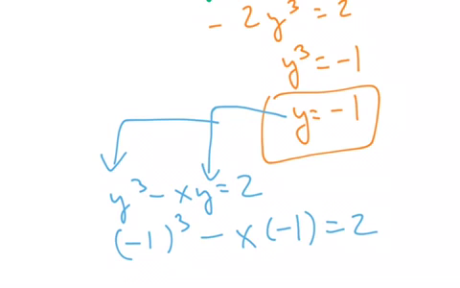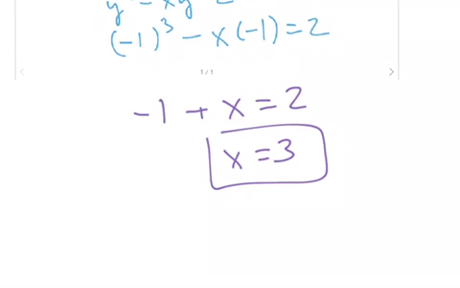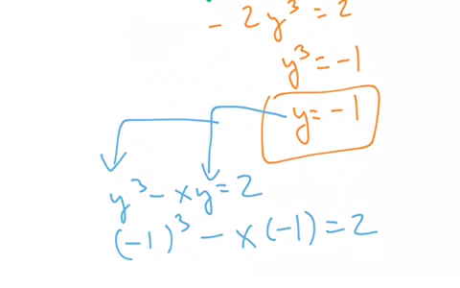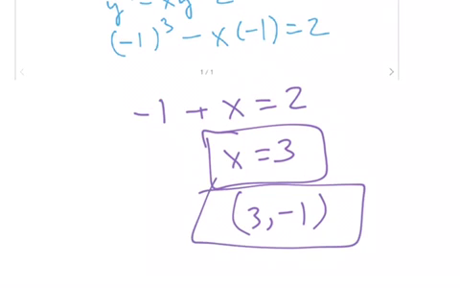And I'm running out of space here, so I'm going to have to do this on another page. So this leads to negative 1 plus x equals 2, or x equals 3. So because we have x equals 3, and from before y equals negative 1, it's happening at (3, -1). And that's our answer.